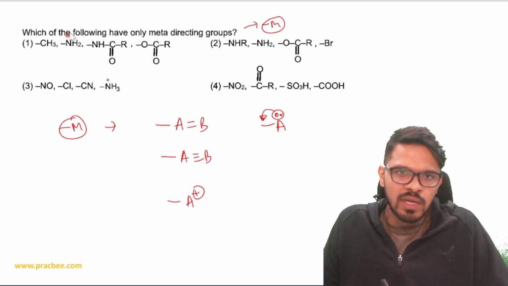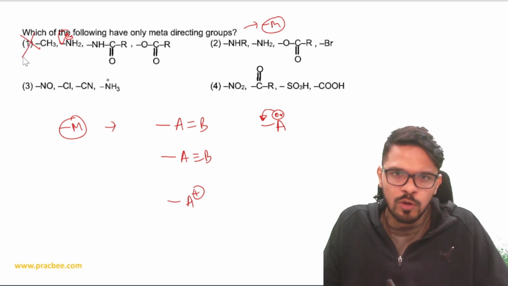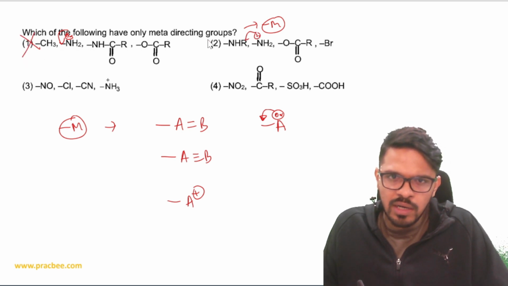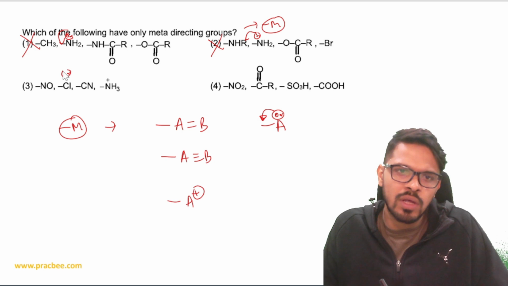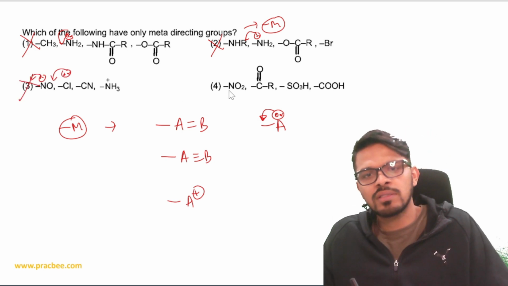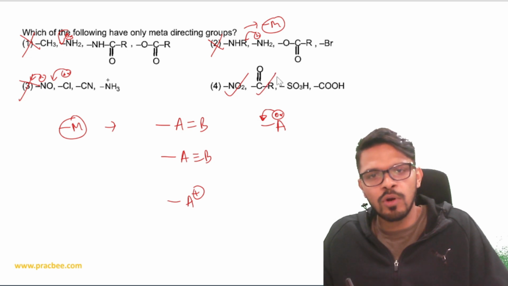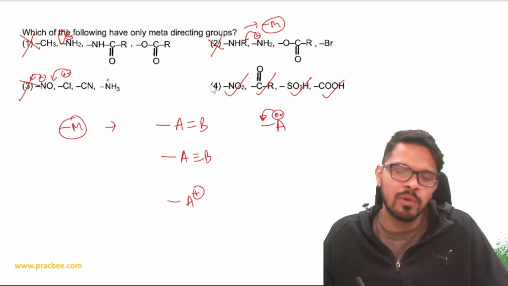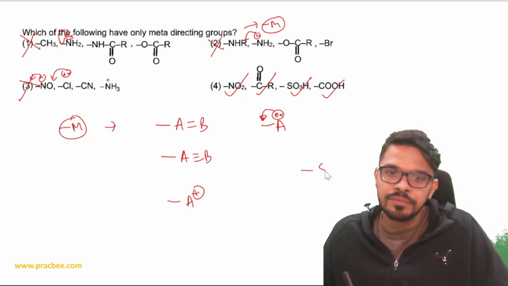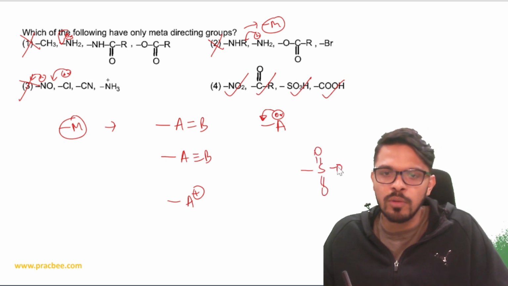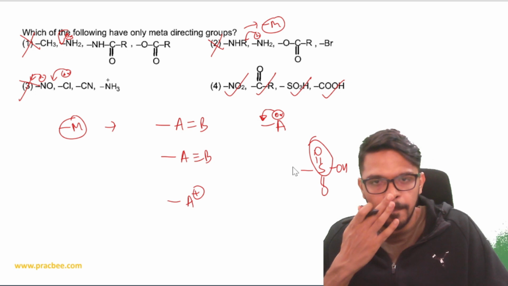So as you can see here, nitrogen is activating, this cannot be your answer. Nitrogen again is activating, this cannot be your answer. Chlorine is activating, nitrogen also can donate, this cannot be your answer. NO2 is correct, A double bond B correct. I hope you can see A double bond B everywhere.